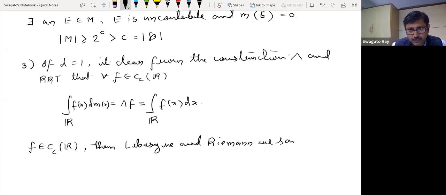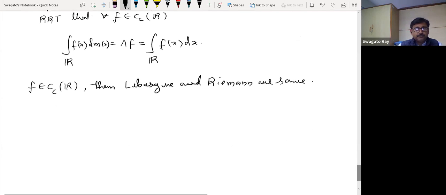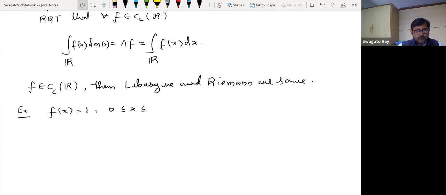So the chance is there are many more functions which are Lebesgue integrable but not Riemann integrable. And that we can now very easily see. So consider this function: f(x) equals 1 if 0 is less than or equal to x is less than or equal to 1 and x is irrational, and equals 0 if 0 is less than or equal to x is less than or equal to 1 and x is rational.